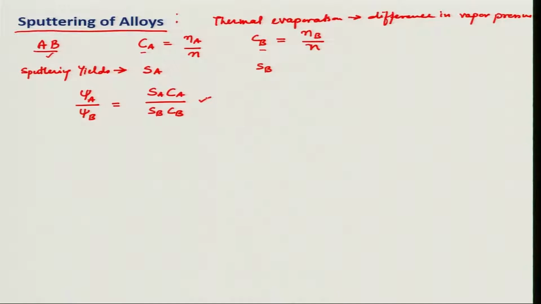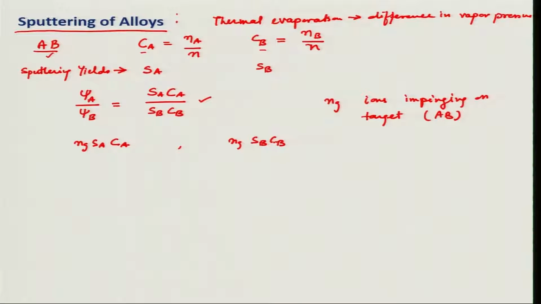Okay. Now, if Ng atoms or ions are impinging on the target, which is alloy AB, then the total atoms coming out of A and B would be Ng Sa Ca, okay, and also Ng Sb Cb, because Ca is the concentration and the sputtering yield depends on the number of ions impinging.